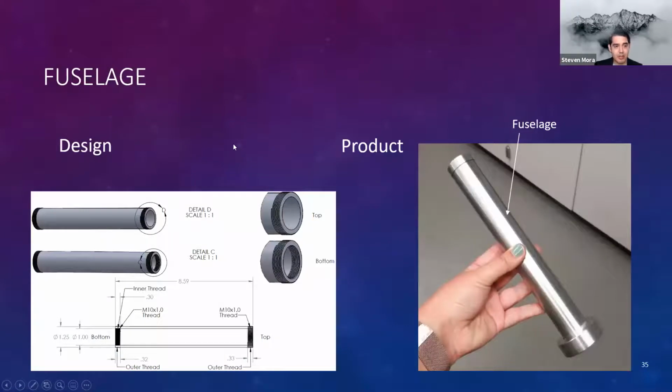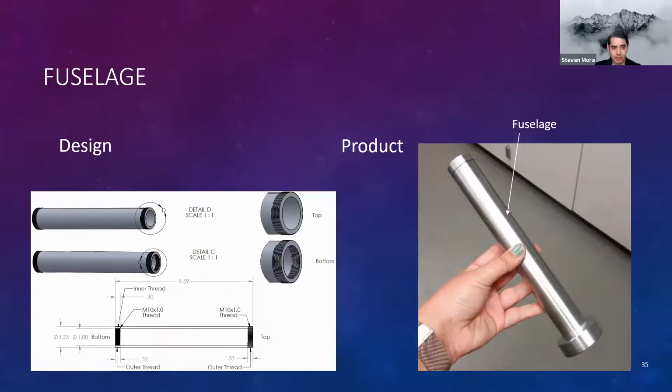Knowing the simulations via SolidWorks and the data there, we were able to come up with some dimensions. In addition, we received a blueprint of the original fuselage used by Eagle Rocketry. We scaled down those dimensions so the fuselage was about 8 inches tall, and then we conducted the SolidWorks simulations to see what our factor of safety was.